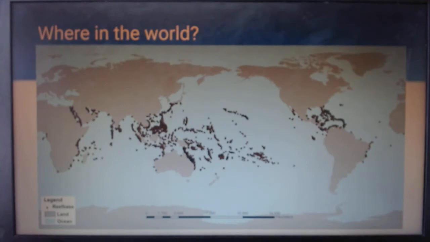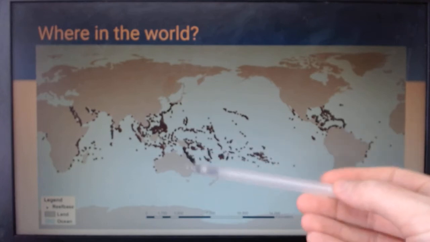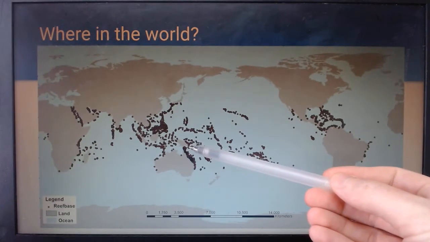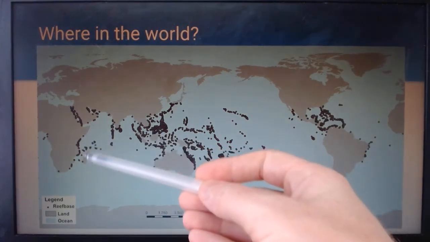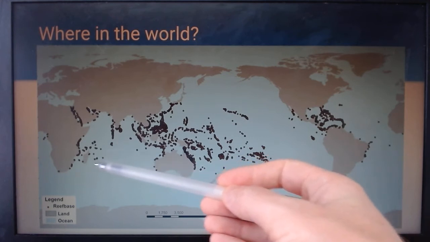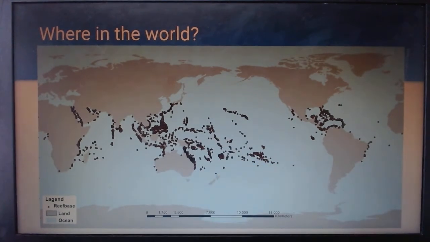We're also just going to name a couple of places. You've got South America, obviously Australia, Indonesia, Thailand. You've got parts of Madagascar and the Maldives. So you can get all those countries down. We're also going to note the Caribbean over here.